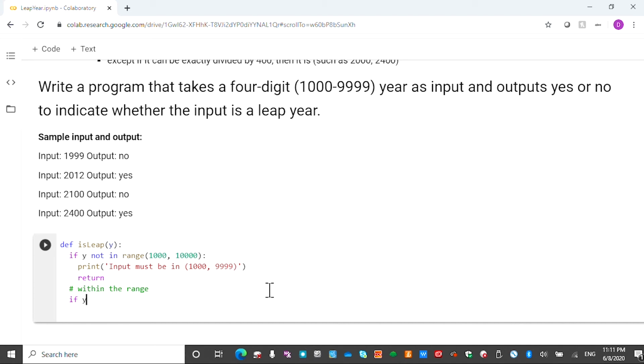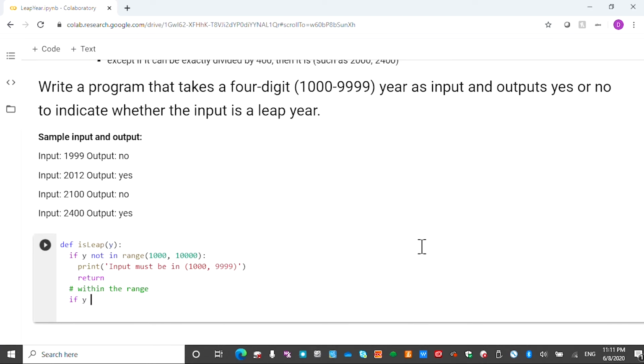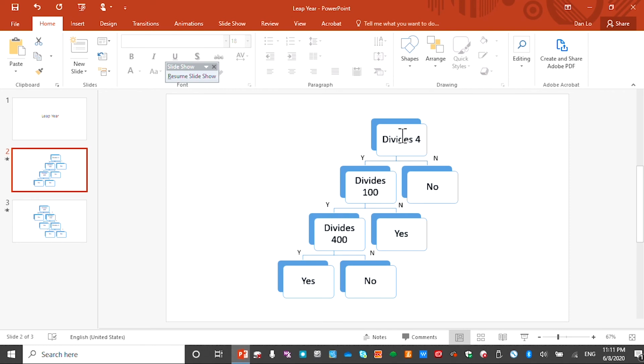So if I divide by 4 and not divided by 100, then it's yes. So we can say if y modulo 4 equal to 0, so here we have two branches. One is it divided by 100, no, right?